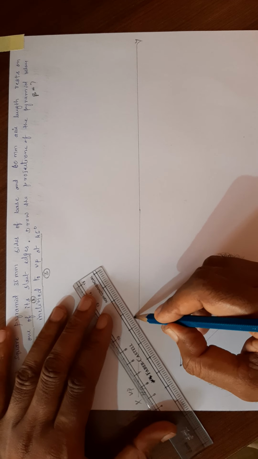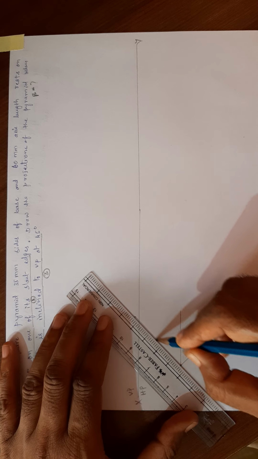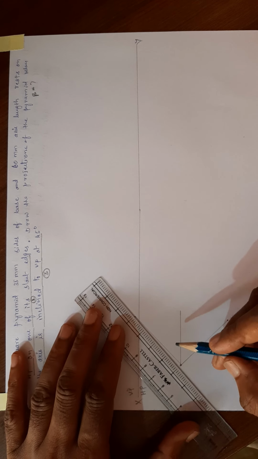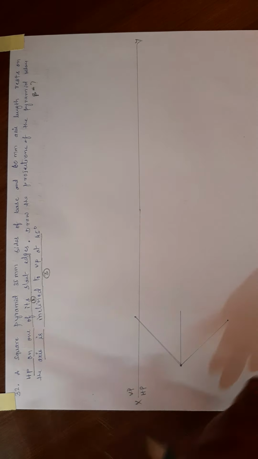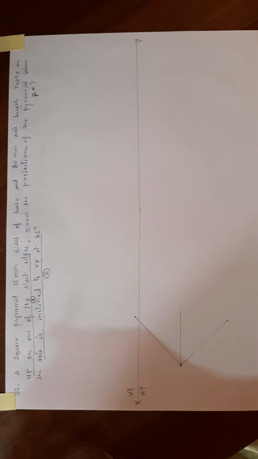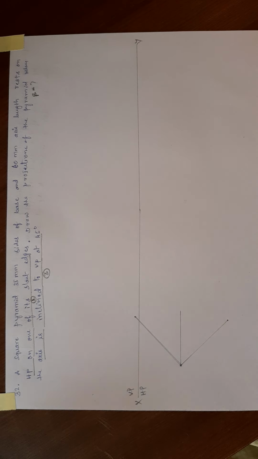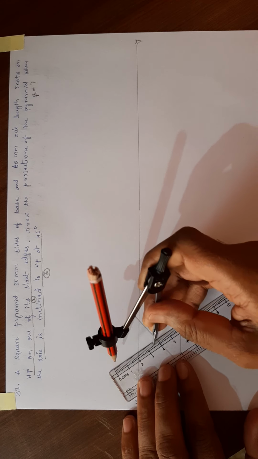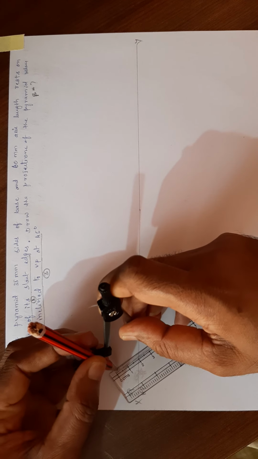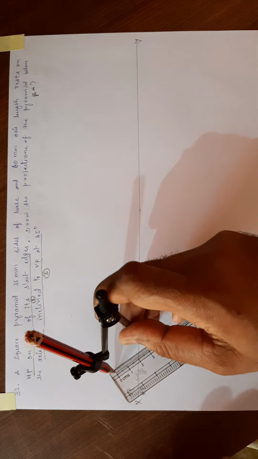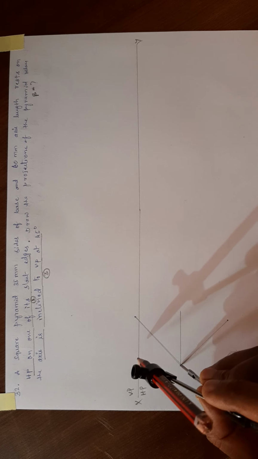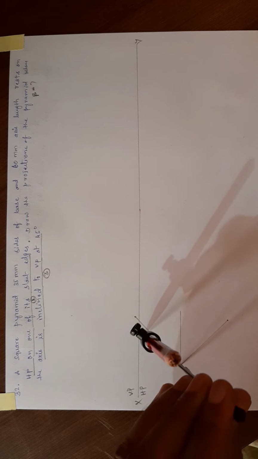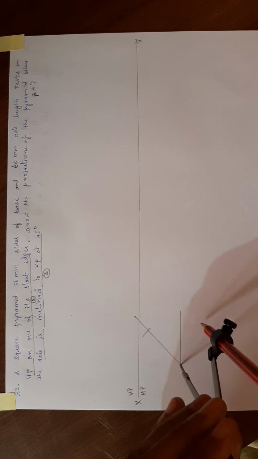Now see here, joining at the left end. Then take the compass. Now the side is given as 35. Take the compass, measure 35 on the scale, keep the compass at the right end and cut these two lines.